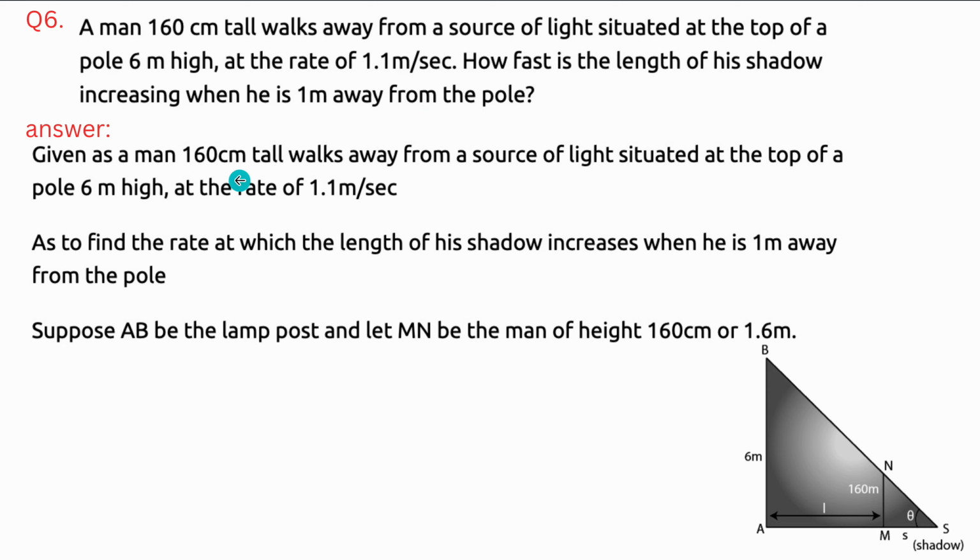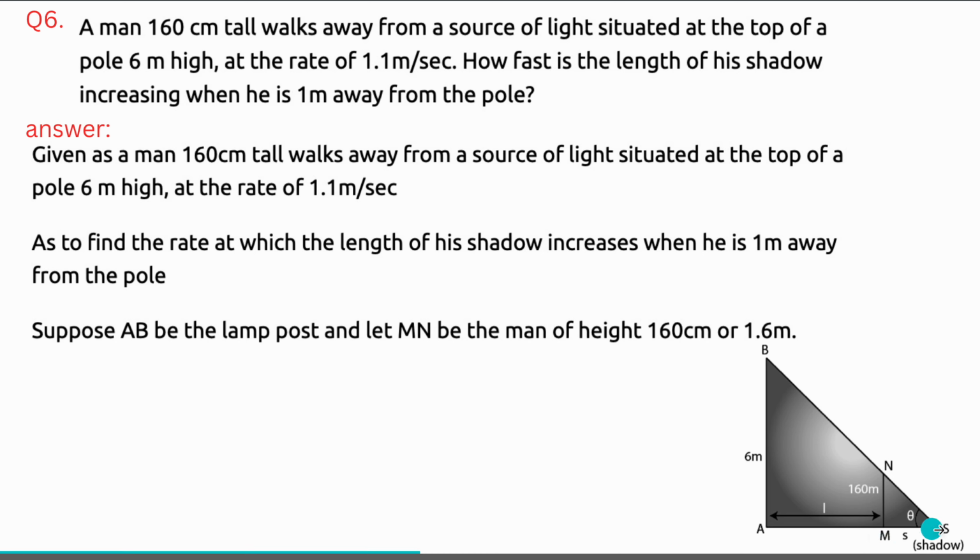Now you see, it is given that the man is 160 cm tall and he is walking away from the source of light. Suppose this is the source of light AB, let AB be the source of light, which is 6 m tall, and let MN be the man, who is 160 cm tall. Please correct here, it is 160 cm tall. Now they're asking us how fast the length of his shadow is increasing.